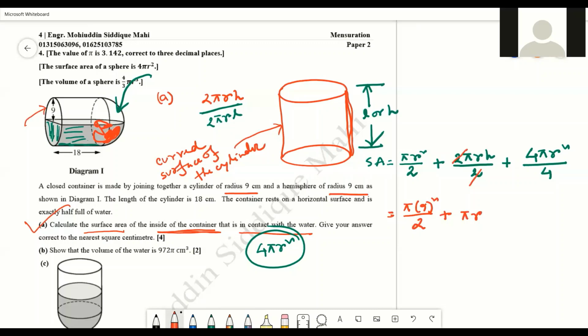But as it is paper 2, the use of a calculator is allowed. So 2 and 2 cancel. The value of R is 9, it's given. And H means length or height, whatever you call it. That's 18.